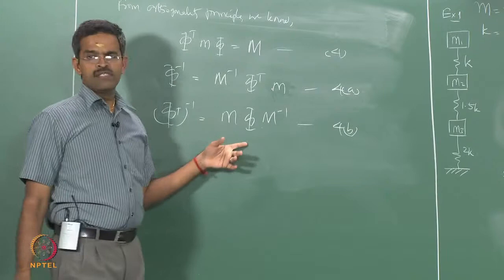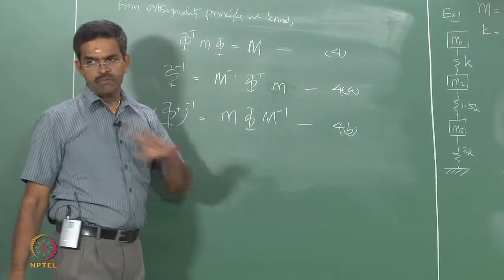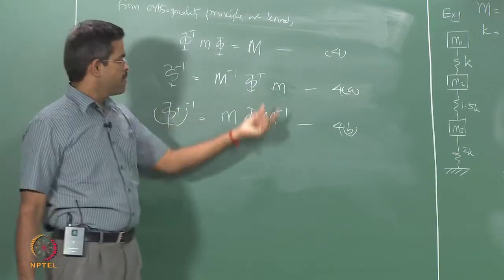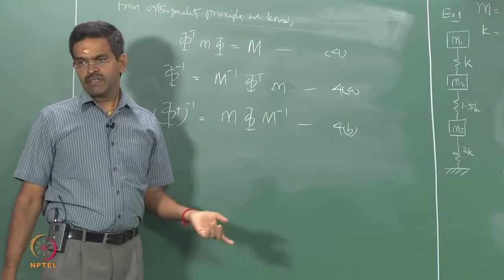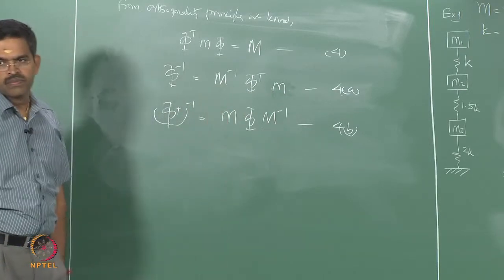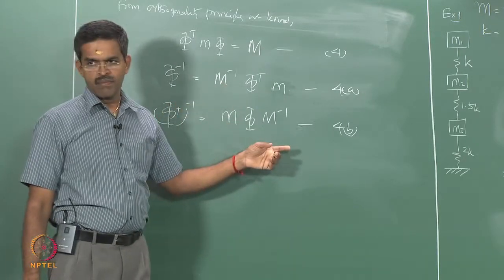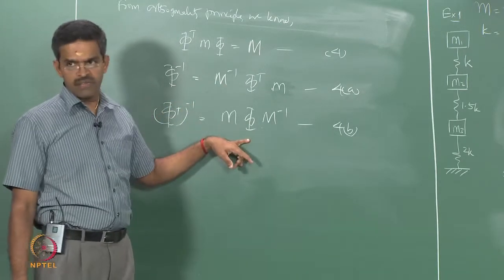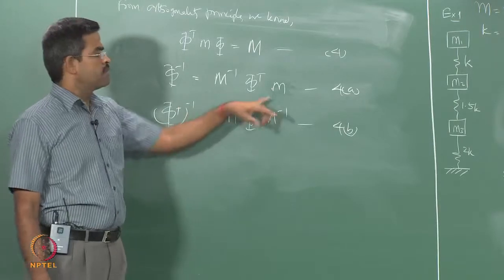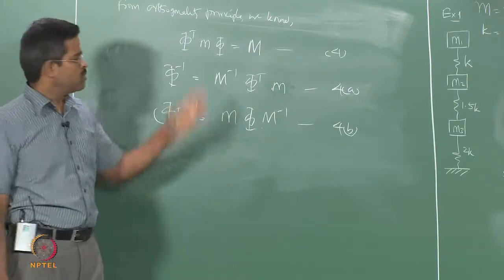Now this multiplication with 4a and 4b is easy, for simple reasons. M is actually a diagonal matrix, off-diagonal elements are 0. Once I perform this operation, I am not actually inverting phi, which is difficult. I am only inverting M. Inverting M is very easy because only diagonal elements are there.